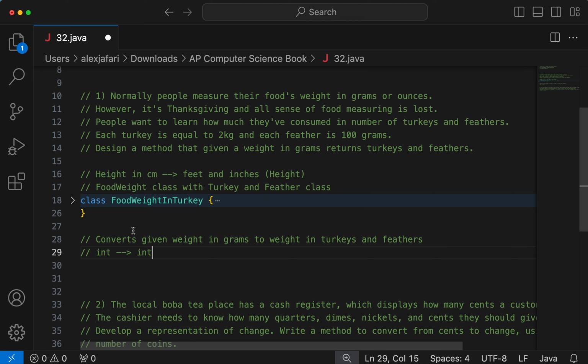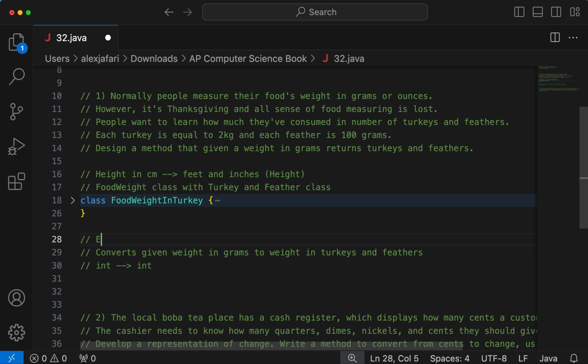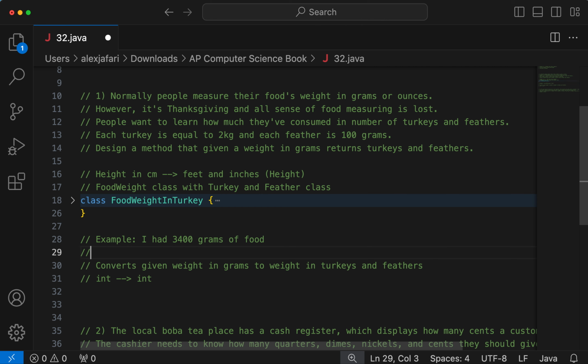Let's go through an example. Let's say I had 3,400 grams of food. So what should my method take and what should it return? It should take the 3,400, and the output will be the number of turkeys and feathers.